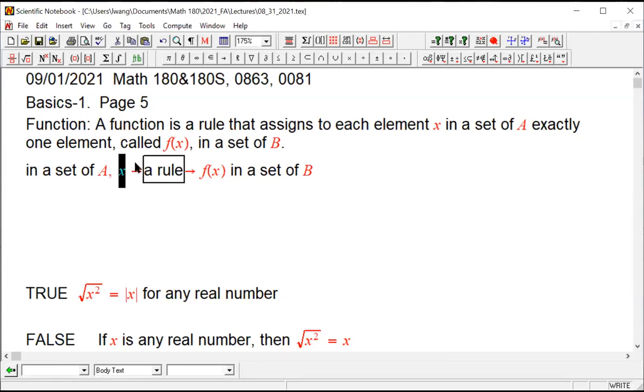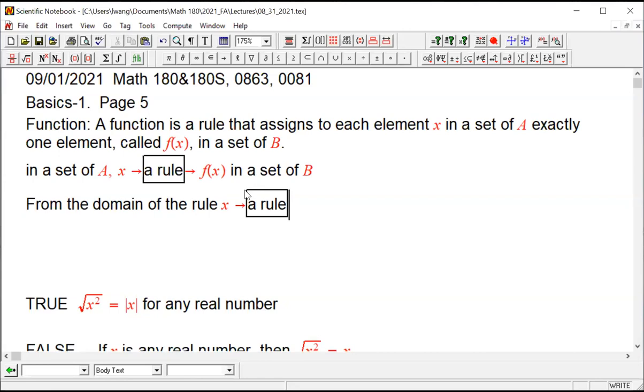If we gather all the possible inputs that this rule can apply to, that makes a domain. Have you heard about domain? So x will be from the domain of the rule, and then we apply the rule and produce this f of x in the set B.